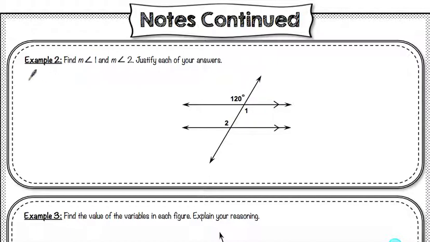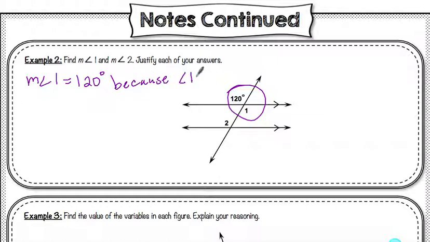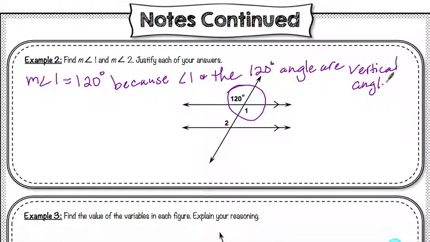So we can start with the measure of angle 1 is equal to 120 degrees because angle 1 and the 120 degree angle are vertical angles. You can keep going if you want. You could say, and vertical angles are congruent. But I'm going to stop there.